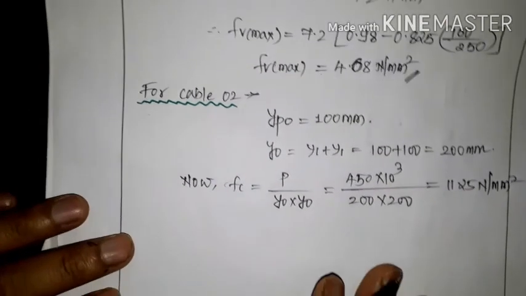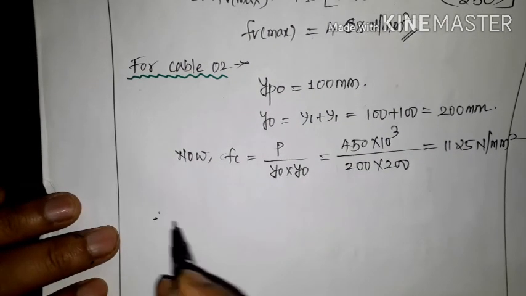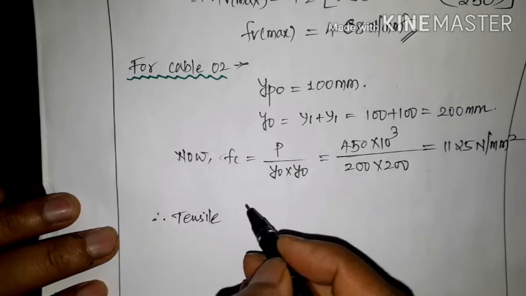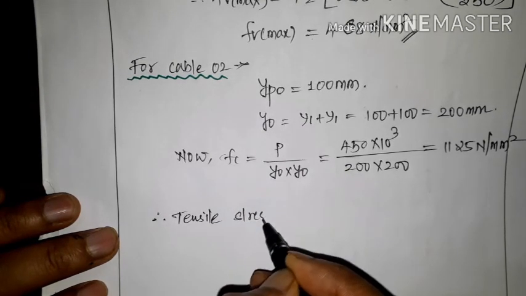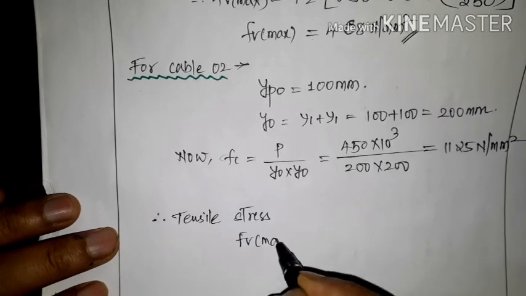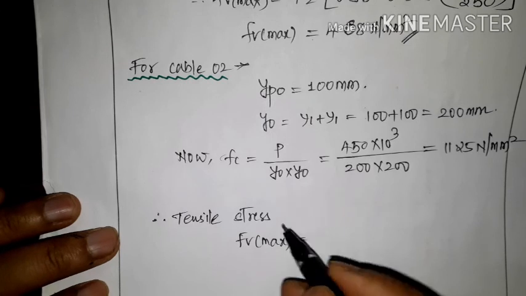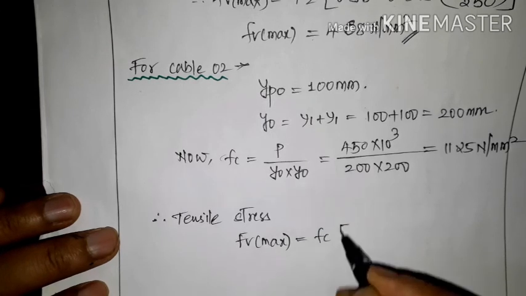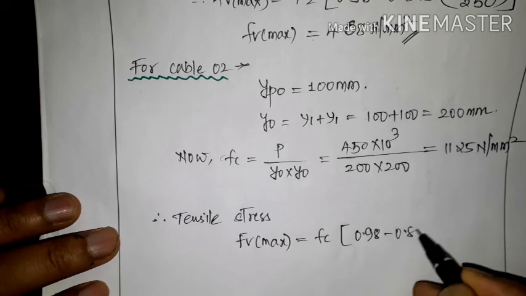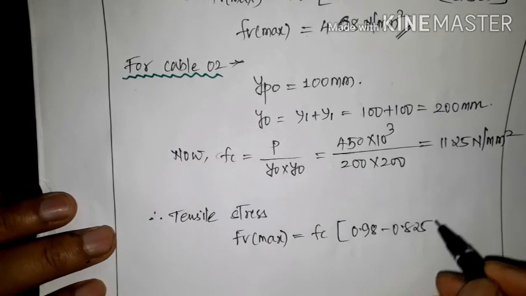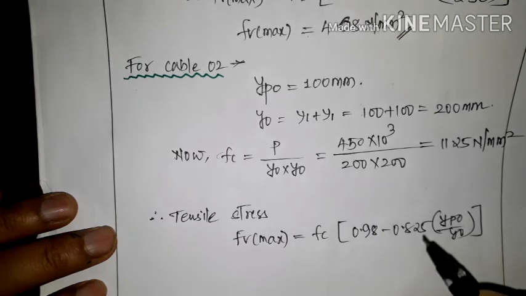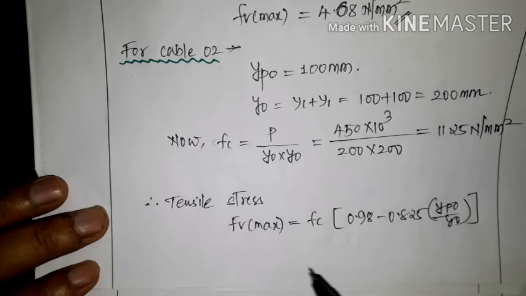So therefore the tensile stress Fv max is given by, again, Fc into bracket of 0.98 minus 0.825 yp naught upon y naught, bracket complete.